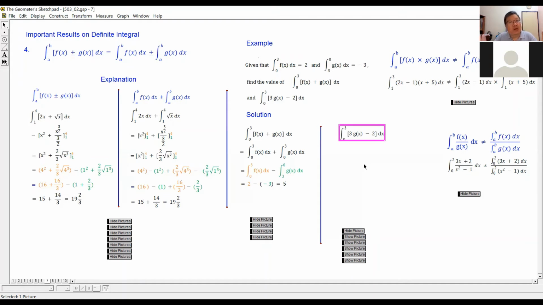But -2, we know how to integrate. Even if they don't tell us, you must know what to do.